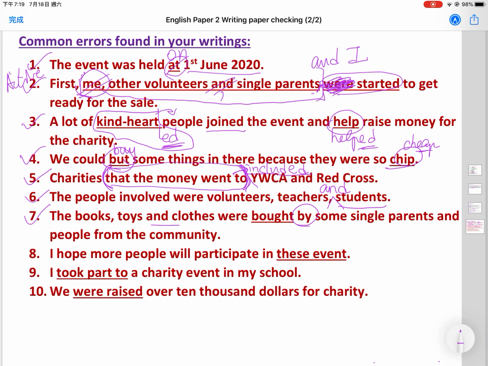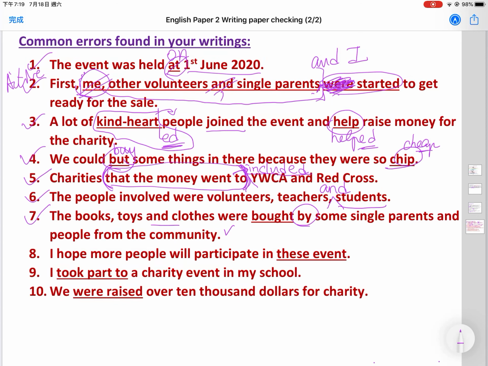And in the original context, I know that it looks okay. Yes, it looks okay. But the original, coming from the context, yes, this is right. The books, toys, and clothes were bought by some single parents and people from the community. Now based on this sentence, it is correct.